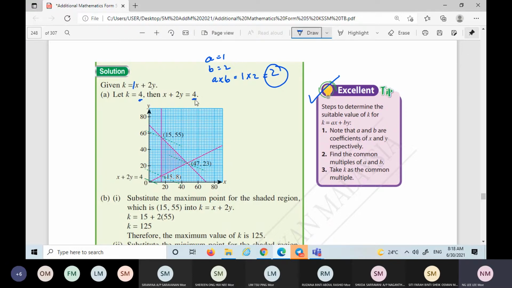You must have one value first. Sometimes you will feel your value that you use is not suitable because of the scale. If you think this value is too small, then you use a bigger one, let's say times 10, then you will get 40 already. If this value is too big, then you use a smaller one.